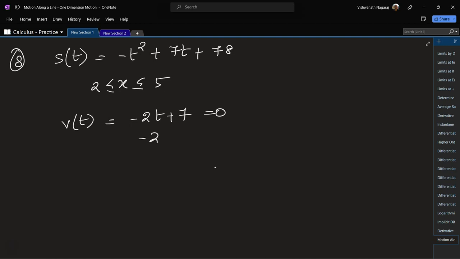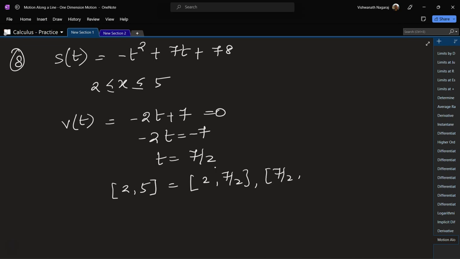That gives us minus 2t equal to minus 7. That means t equal to 7 by 2. Don't convert it into decimals because it makes your calculations a little bit more tedious. So now our interval, which was 2 to 5, becomes 2 to 7 by 2, which is approximately 3.5, and 7 by 2 to 5.